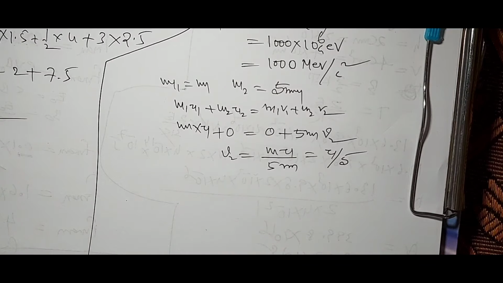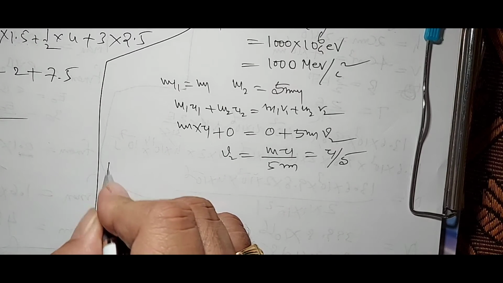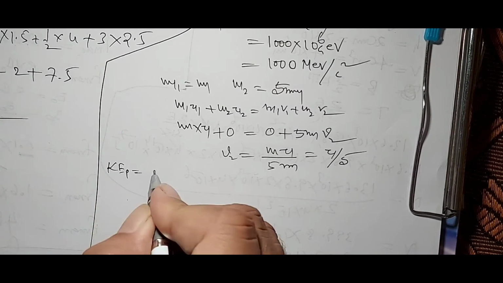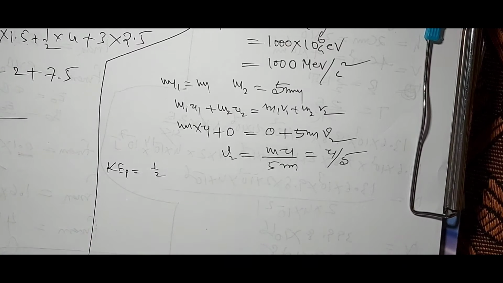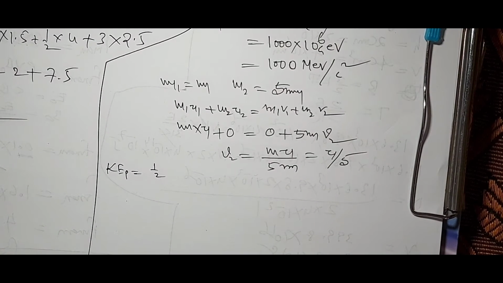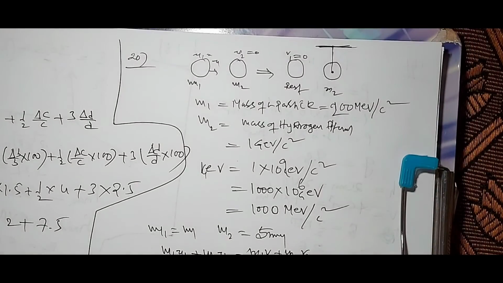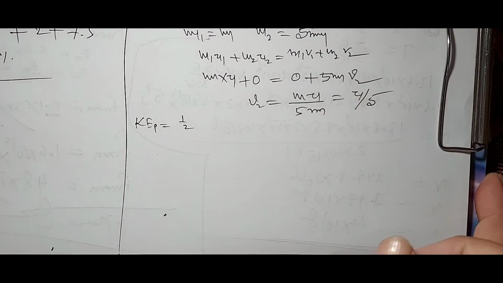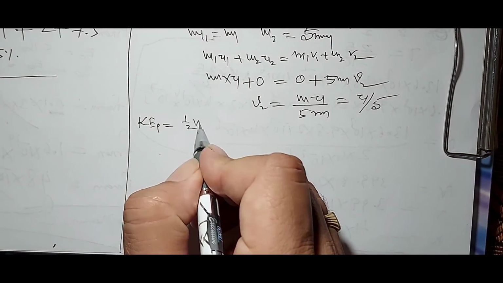So, during this collision, loss in kinetic energy. Initially only the particle is moving with velocity u. So, initial kinetic energy is equal to how much here?